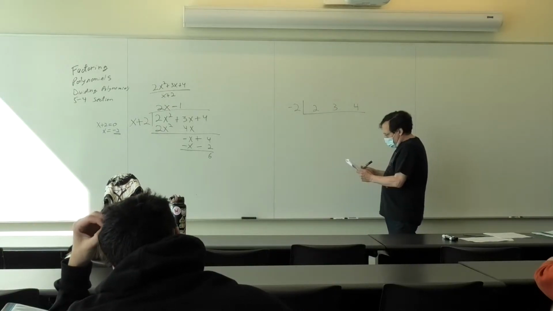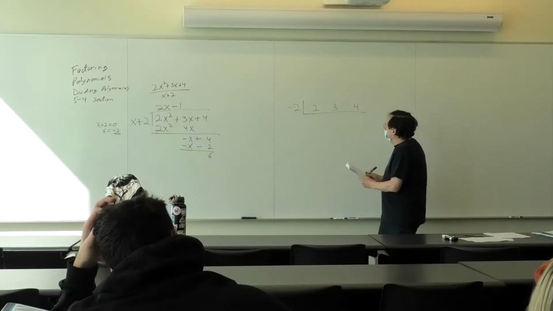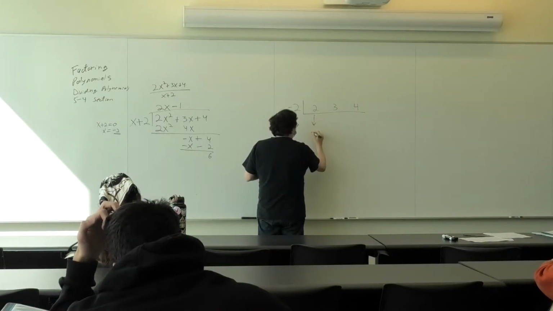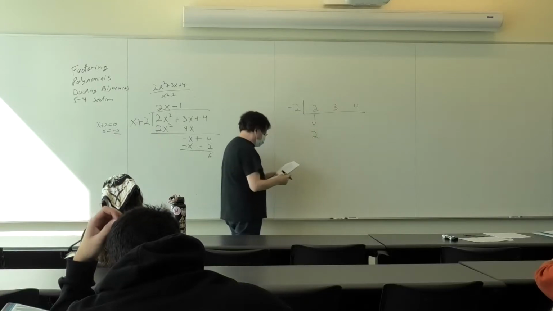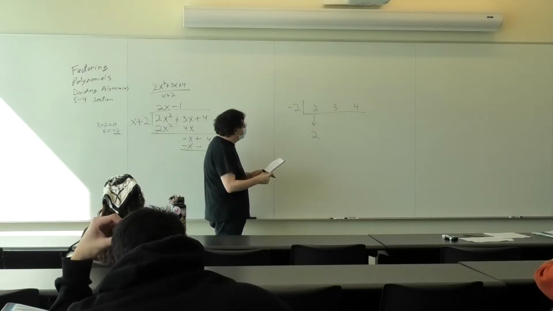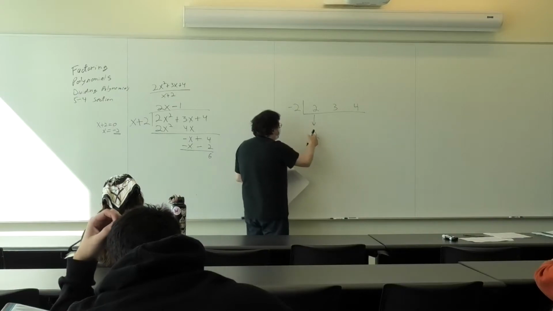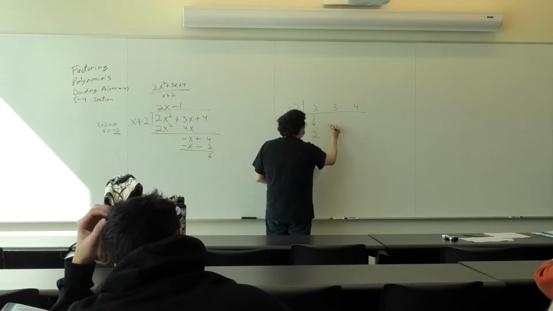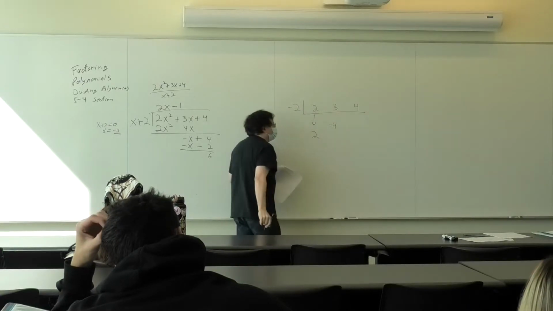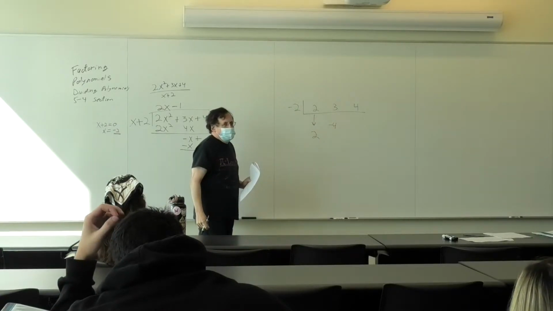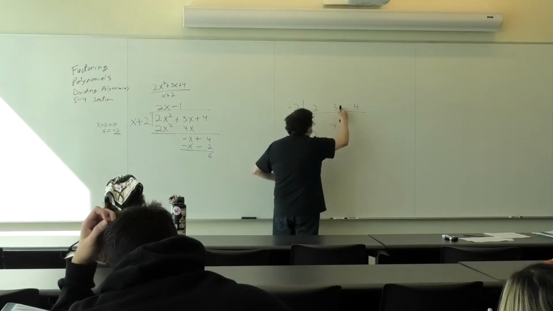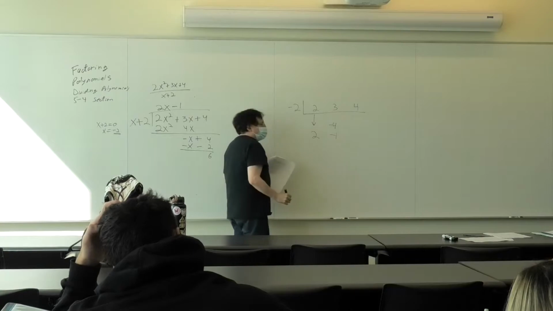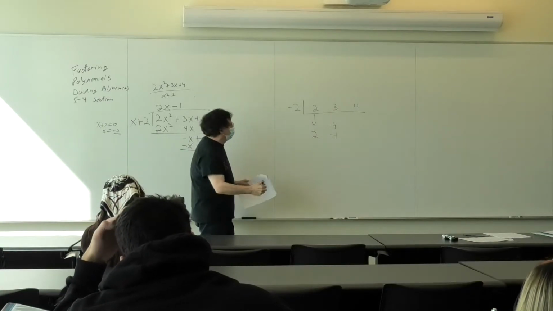All right, so how do you do this? First thing you do is bring down the first number here. You take this number and this number, you multiply them, and you put it here. You now take these two numbers and you add them, and then you repeat.